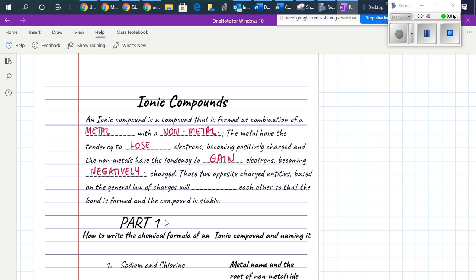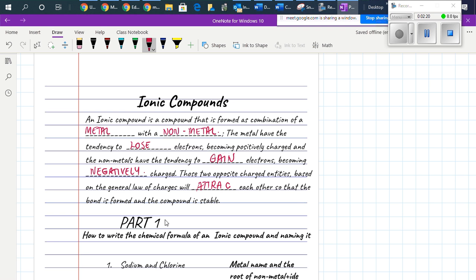So as soon as we see that we have sodium here that is positively charged and chlorine here that is negatively charged, they will attract each other and form what is known as the ionic compound.